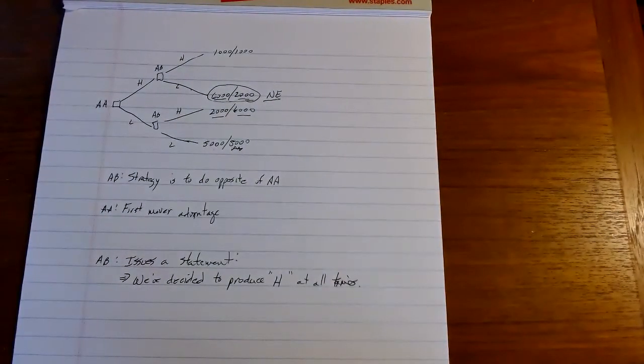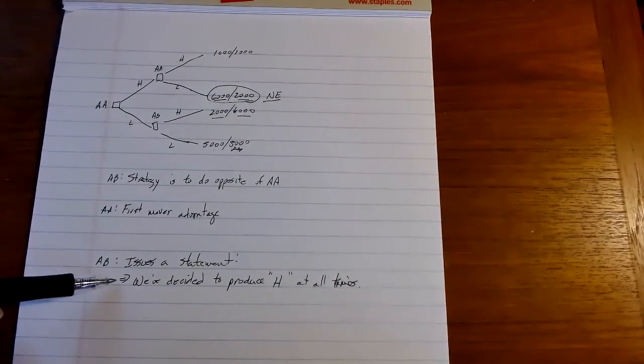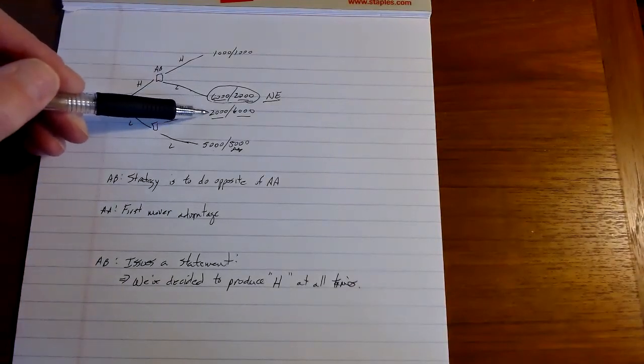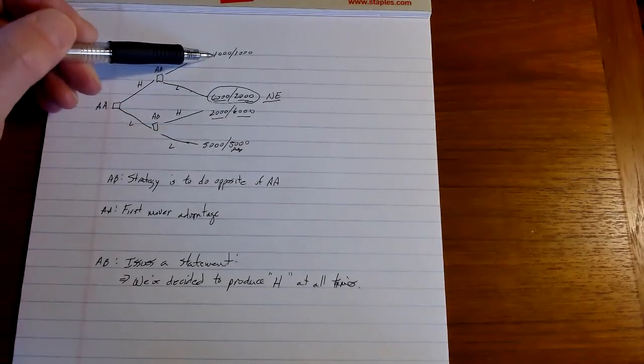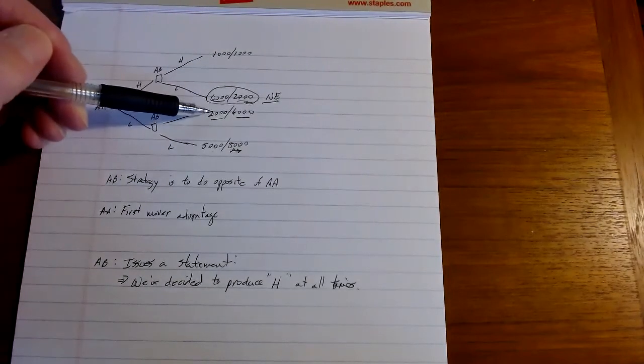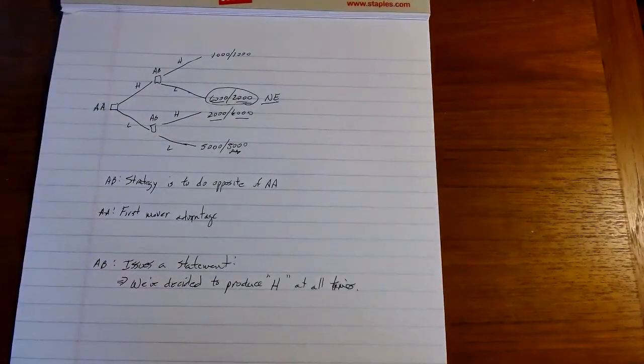Now, why would they do this? Well, if Air Alpha believes the statement, then it looks like Air Alpha has a choice between payoffs of either 2,000 or 1,000. It's clear that if that's the choice Air Alpha is facing, Air Alpha would prefer the 2,000 payoff.